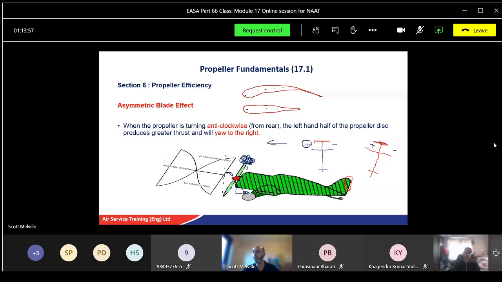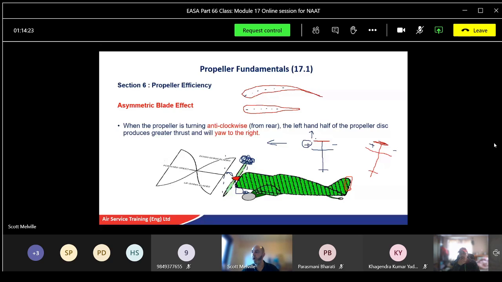If we've got more thrust here, it's going to try and go forward, isn't it? But it's only going forward on one side of the aircraft. So there's nothing happening this side, and we actually get it trying to move around that way. In other words, a yaw to the right. If you put your right rudder pedal down, it would move the rudder to that position, which will spin the aircraft to the right.